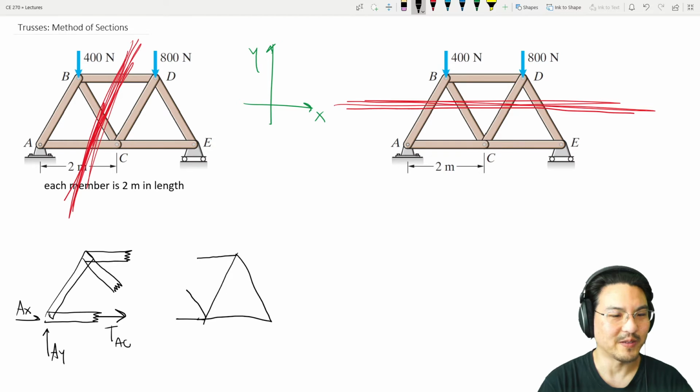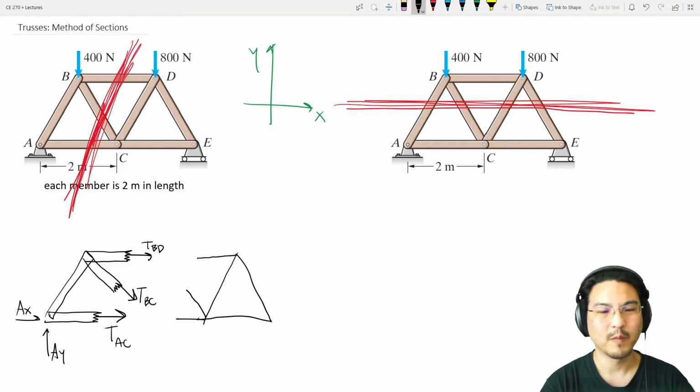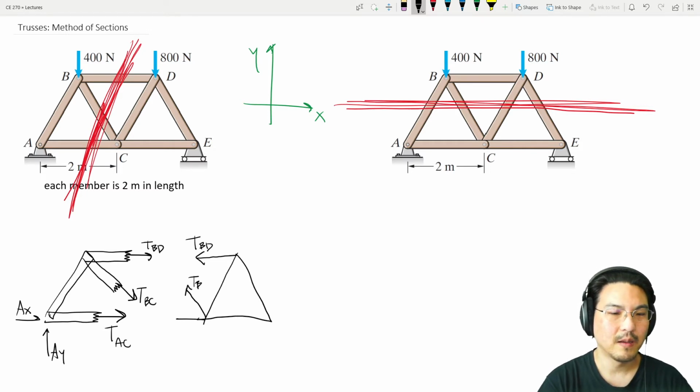I'll just draw it in tension. This one here for member BC. This one here for BD. And for the other side of the section, it looks like this. And then there's the roller over here. Okay.